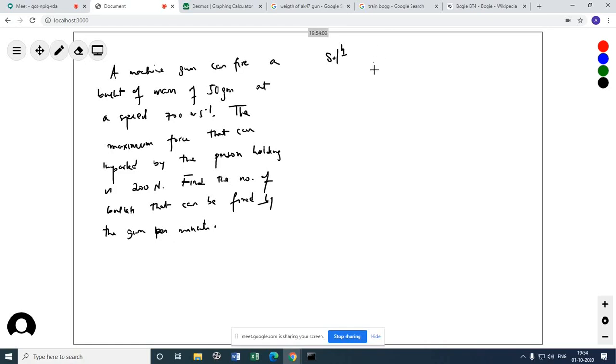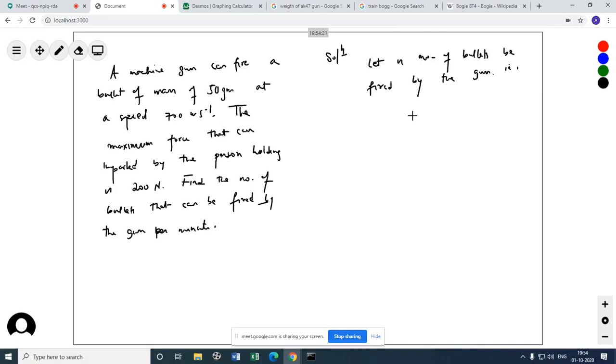That's the impulse. So change in momentum, let n number of bullets be fired by the gun.